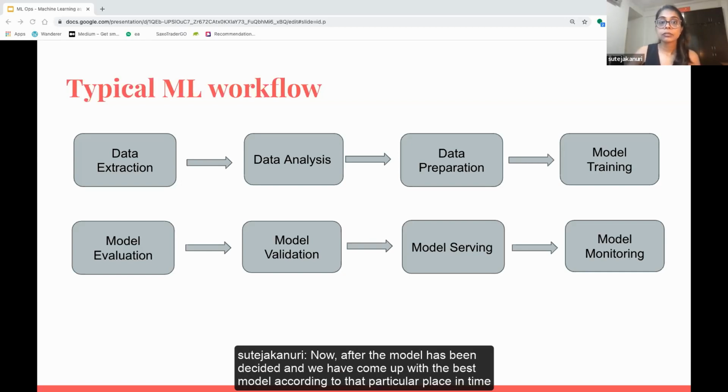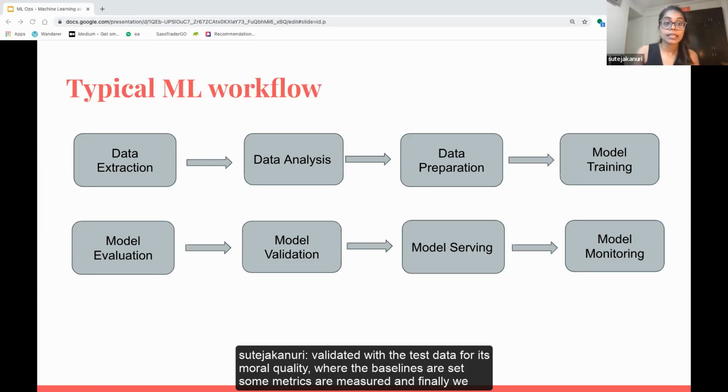Now, after the model has been decided and we have come up with the best model according to that particular place and time, we go for something called model evaluation, where the model is validated with the test data for its model quality, where the baselines are set and some metrics are measured.